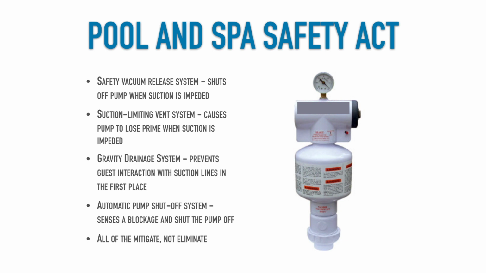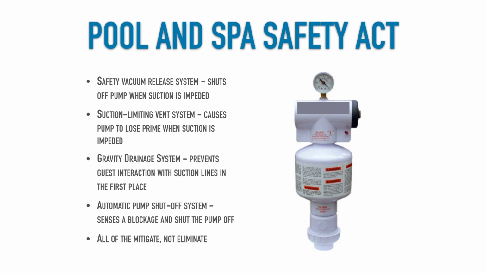Now, your final option as a secondary anti-entrapment device is an automatic pump shutoff system. These are also known as a Stingle, which is the brand that usually dominates this category. Realistically, Stingles don't work that well. Anybody who's out there working on a Stingle will understand that if a bird casts its shadow over your main drain at the bottom of that pool and it's got a Stingle installed, that shadow is going to cause that sucker to shut off.